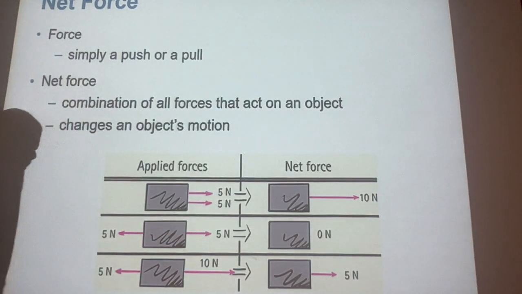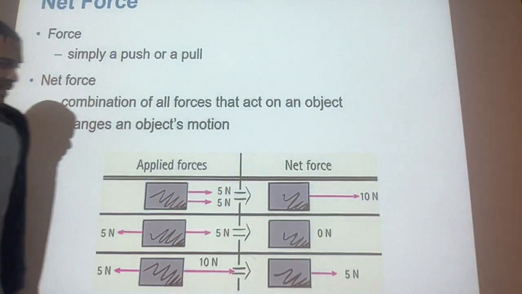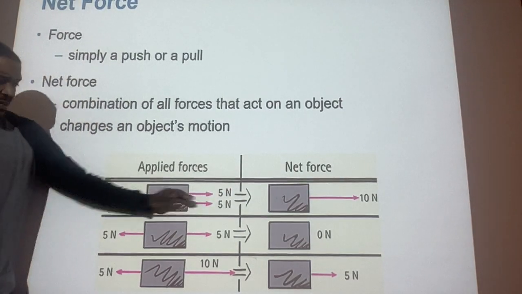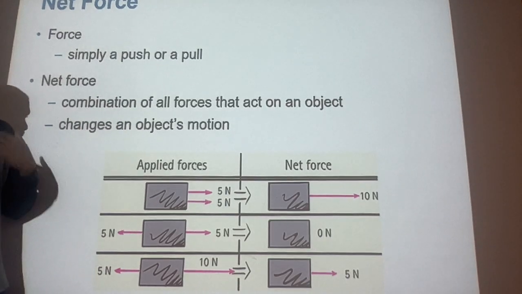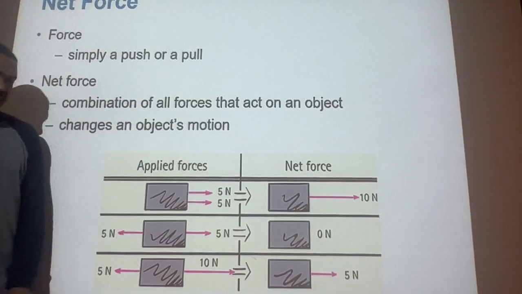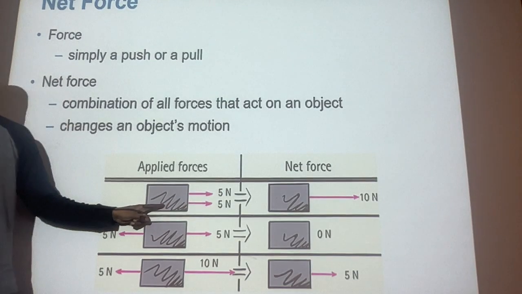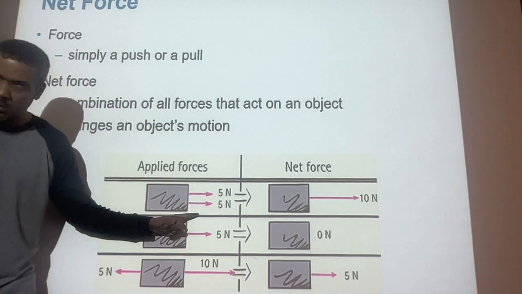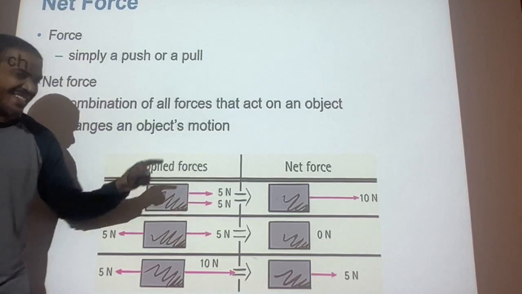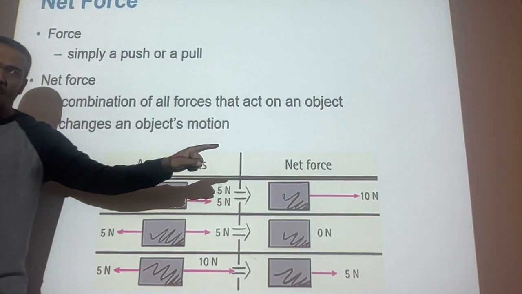And well, according to this plot, right? Let's forget about that for right now. I'll go back to that because that's not gonna make sense here, right? But if I put two forces of 5 newtons on this object in the same direction, right?